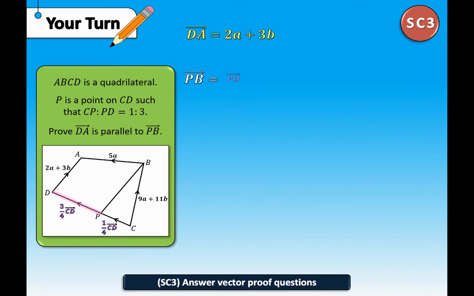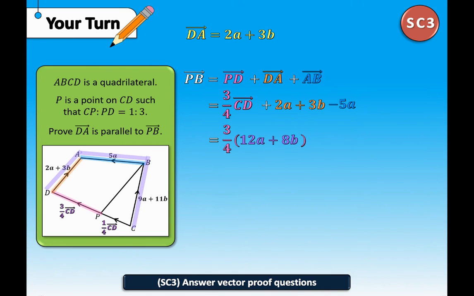PB is PD plus DA plus AB. So PD is 3/4 of CD. So we need to work out what CD is. CD is 12a plus 8b.